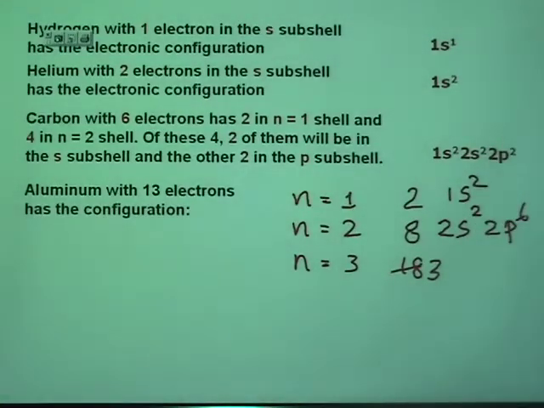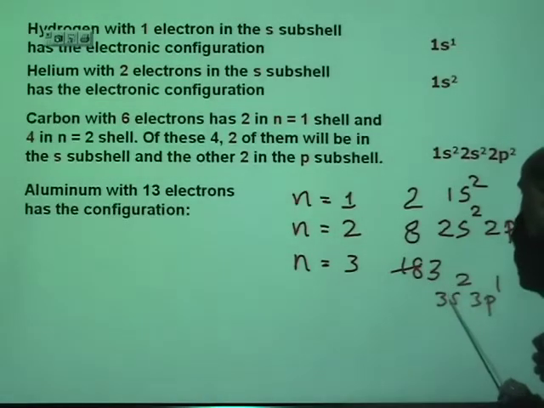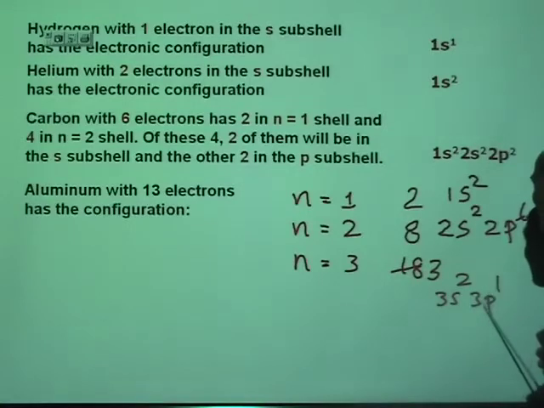So that will be 3s2 and 3p1. Is it okay? I take 2 out of this and put it in the S subshell for n equal to 3, and the remaining 1 I give to the P.